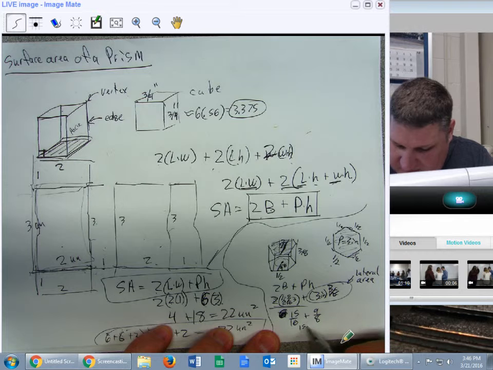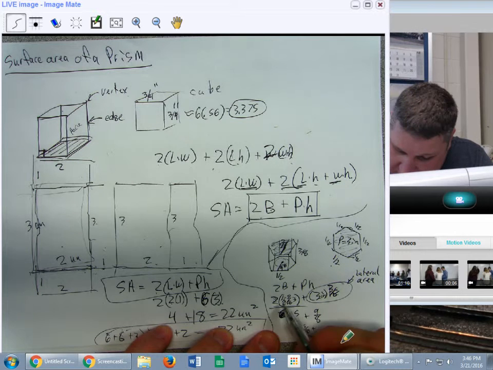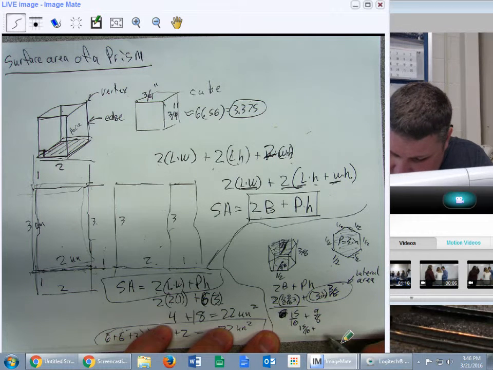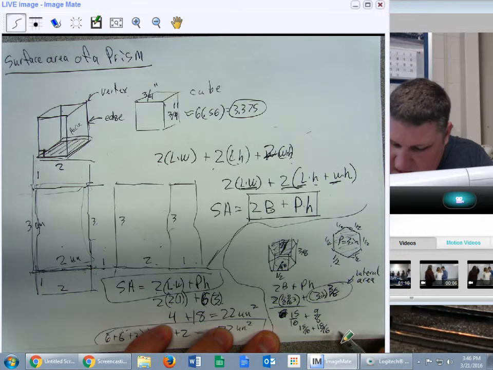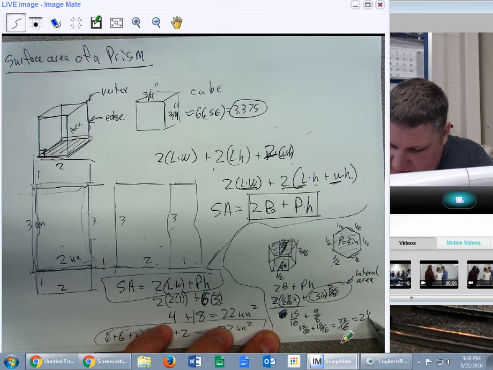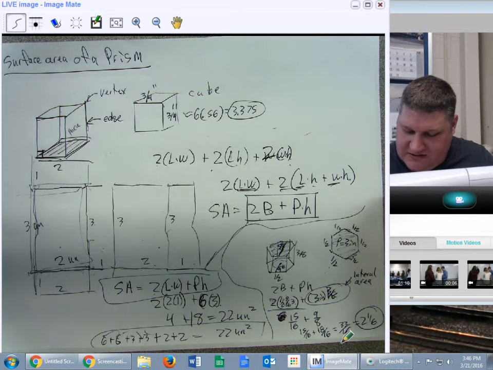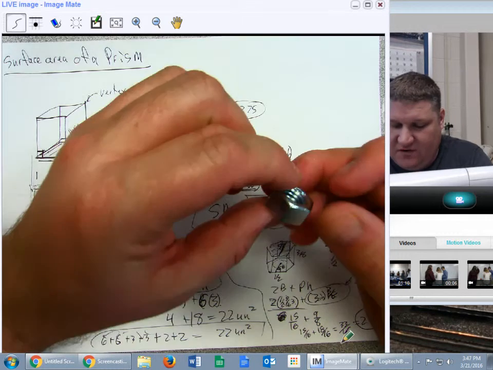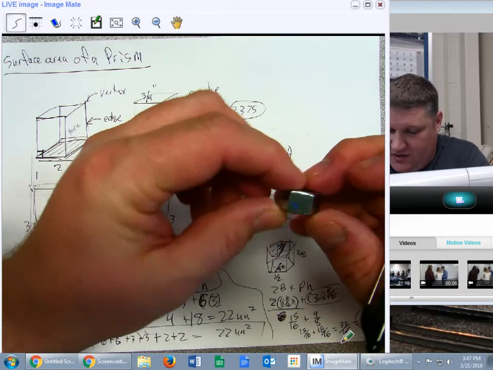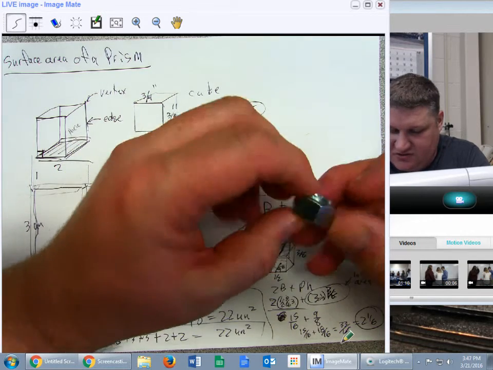That would be 15/16 plus 18/16, because I have to find common denominators, 33/16, which would be 2 1/16. So there's 2 1/16 total inches of surface area here.